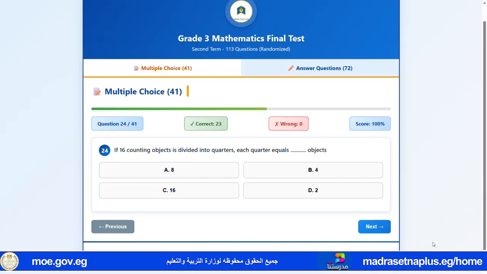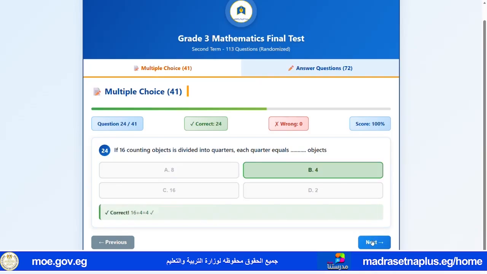Yeah, this is the meaning of this problem. Into fourths, it will be 4. Into halves, if we divide 16 into halves, we will get 8. Into eighths, we will get 2. Into quarters, we will get 4.